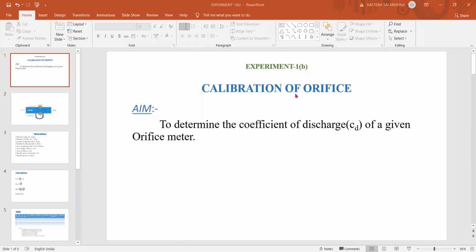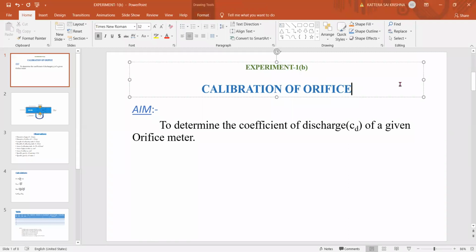Right. Please write down. Name of the experiment: Calibration of orifice meter. After that, write down the aim of the experiment: to determine the coefficient of discharge. CD denotes coefficient of discharge.